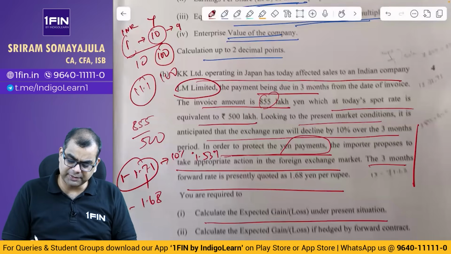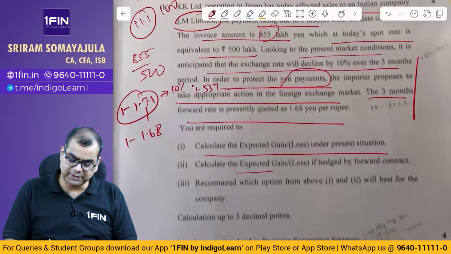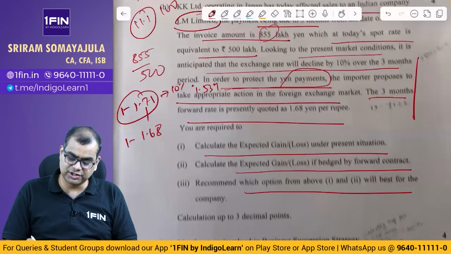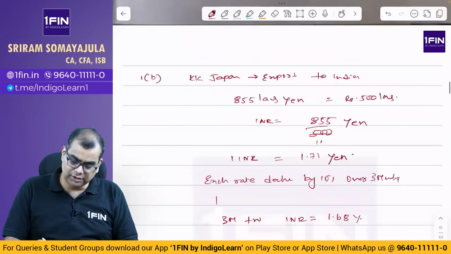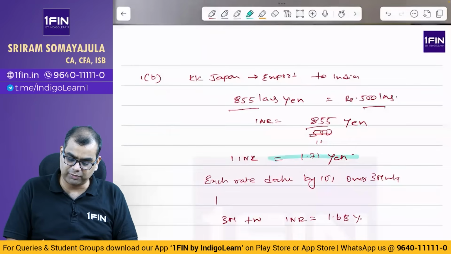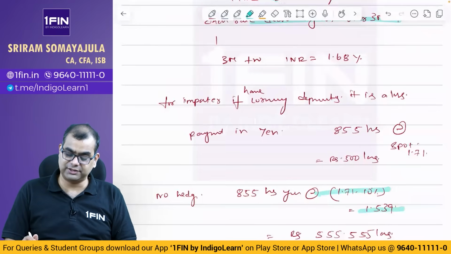We are required to calculate the expected gain or loss under the present situation, and the expected gain or loss if you hedge by a forward contract. Recommend which is better, calculation up to 3 decimals. So payment is 855,500 yen. The exchange rate is 1.71. Exchange rate down by 10% means 1.71 minus 10% is 1.539.